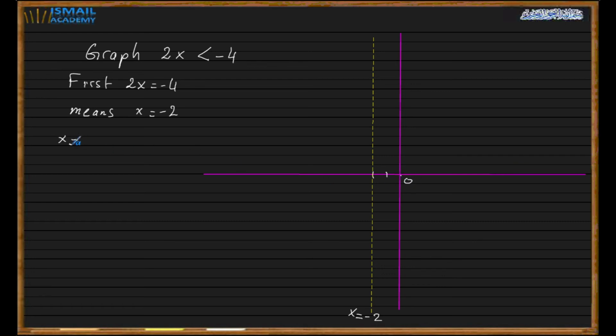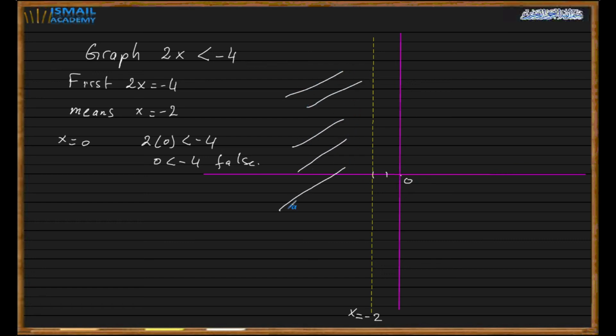So I pick x equals 0. So 2 times 0 is less than minus 4, which means 0 is less than minus 4. This is false. So 0 is on the right side, so the right side is going to give me a false answer. So I shade the left side, and this is where the feasible solutions are.